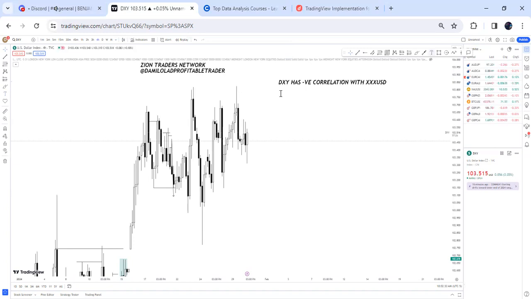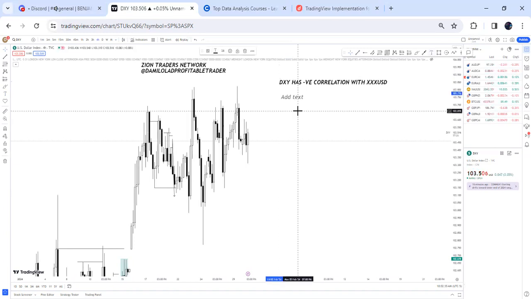So the next thing I'm going to have here is the DXY has a positive correlation with USDXXX. I'm sure you understand what that means right now.